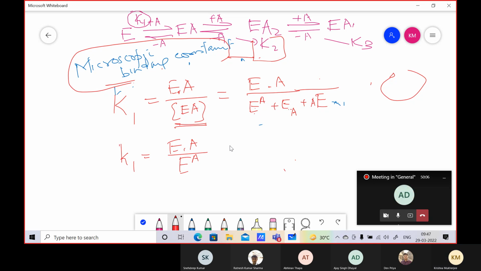Right? And k2 is equal to E into A upon EA. I am just shifting the position. And k3 is equal to E into A upon EA, where A is bound here. These are the different bound forms, 1, 2, 3 forms, right?